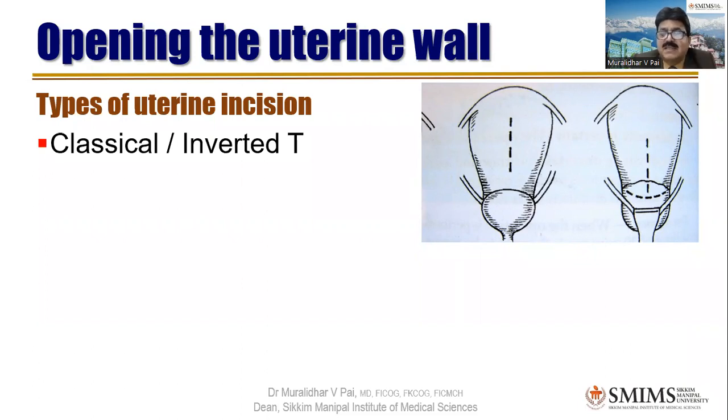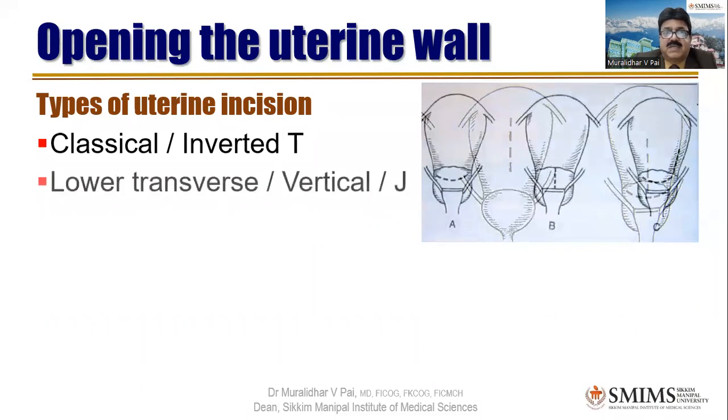Straight away go for the upper segment, deliver the uterus. Anyway, this uterus is going to go away. You don't even have to suture the upper segment properly, just put towel clips and straight away go ahead with the hysterectomy. In fact, there is no need to remove the placenta also. That is what is told. In another lecture, I have talked about that.